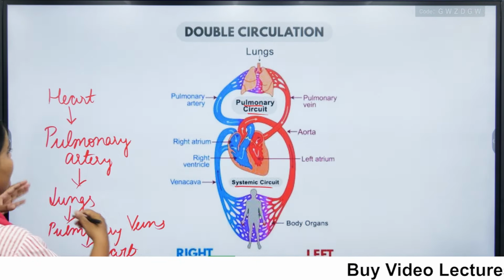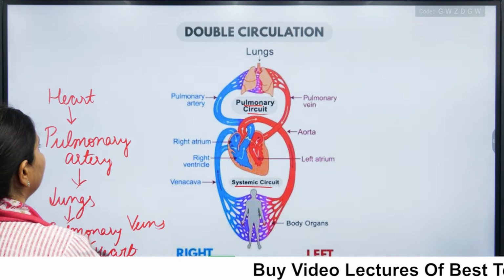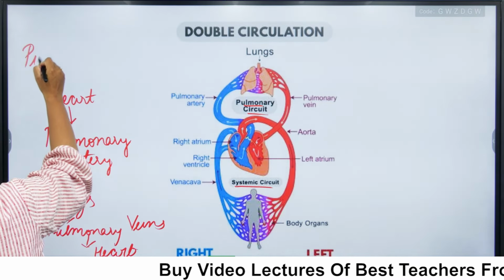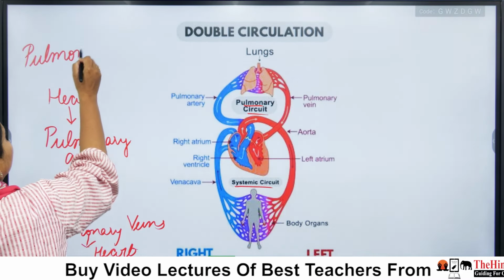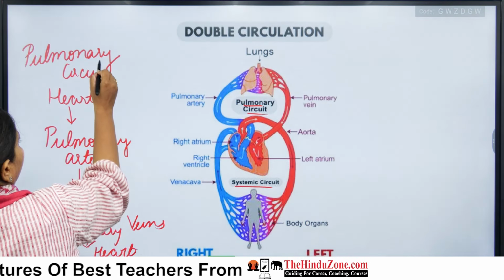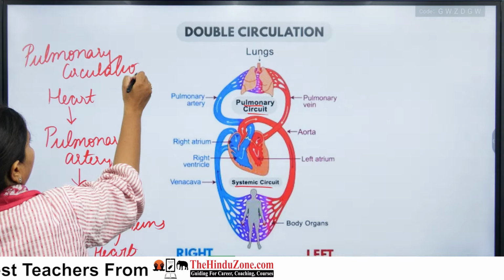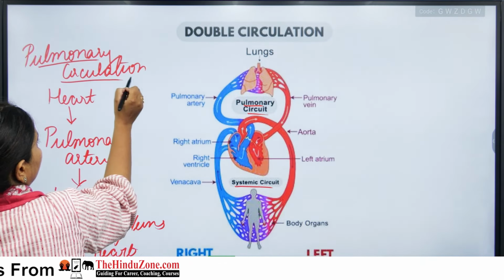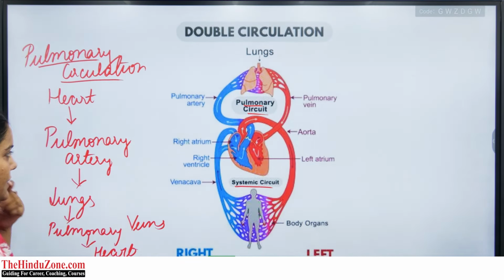So this circuit is the pulmonary circuit, and this circulation is called pulmonary circulation.